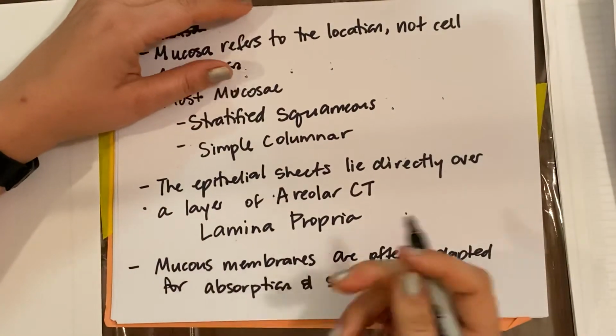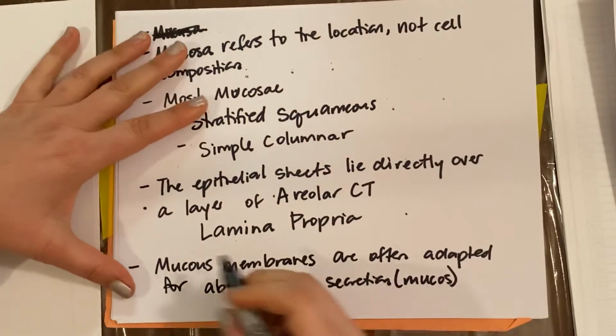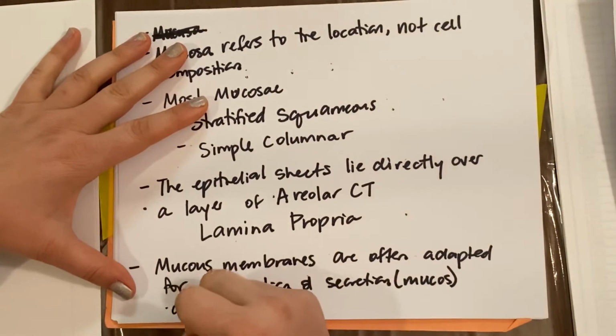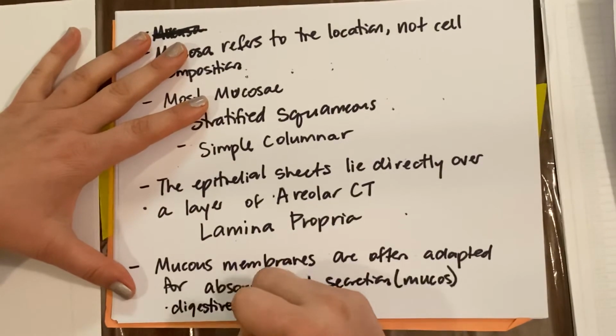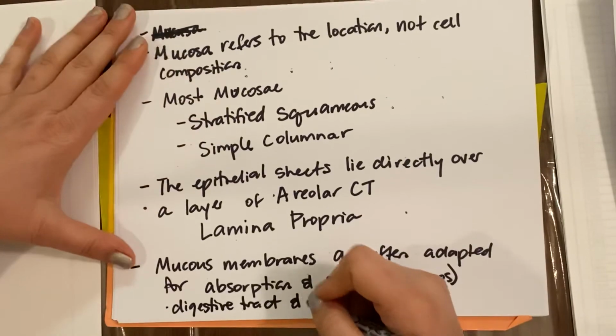Okay, and so not all of them are going to secrete a lot of mucus, but for example, the digestive tract and the respiratory tract are going to secrete a lot of mucus.